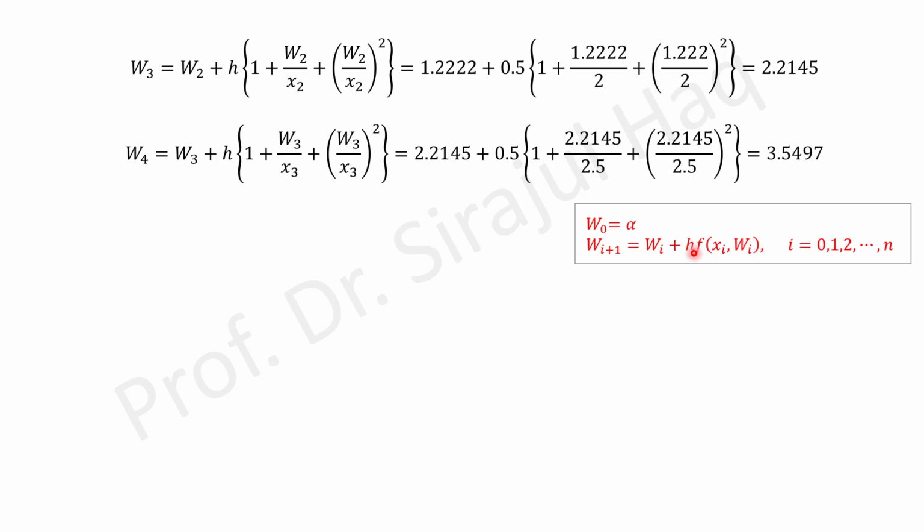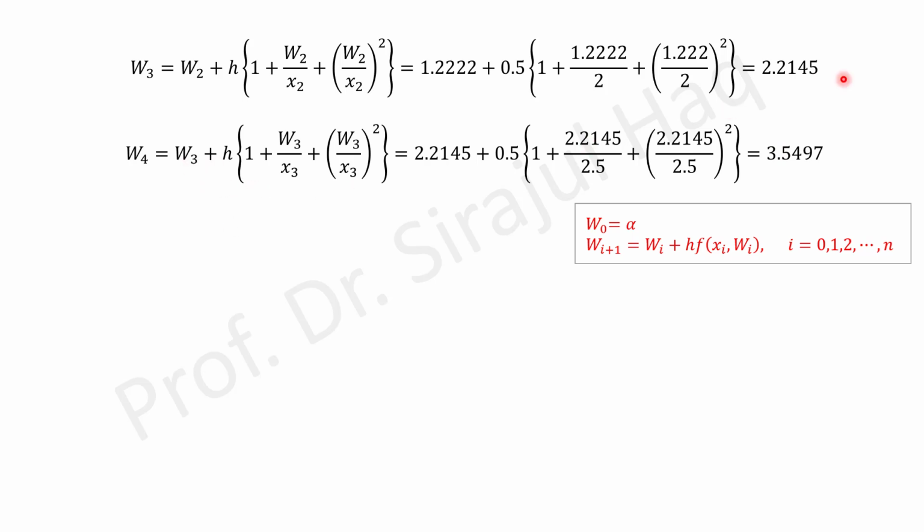When i is equal to 3, this will give you W4 is equal to W3 plus h multiplied by f of X3 and W3. W3 you have computed here. So replace X by X3 and Y by W3 in your function.